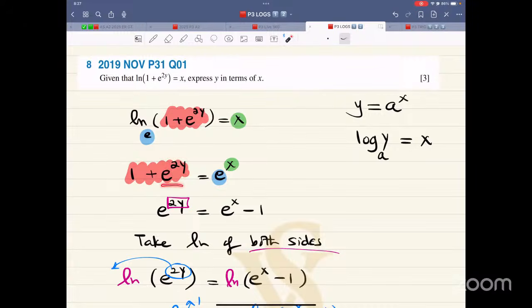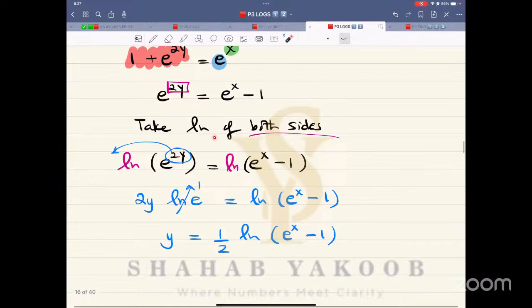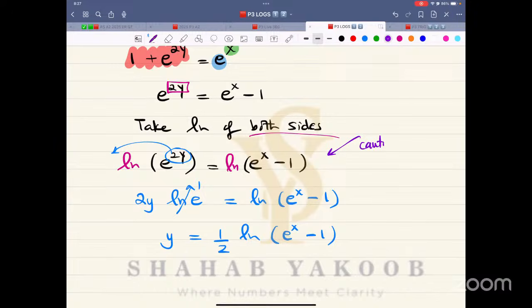So what I did is write e^(2y) on the left-hand side, and 1 is taken to the right-hand side, then take the natural log of both sides. So ln of e^(2y) equals ln of (e^x minus 1). Just a caution: you cannot expand the bracket.